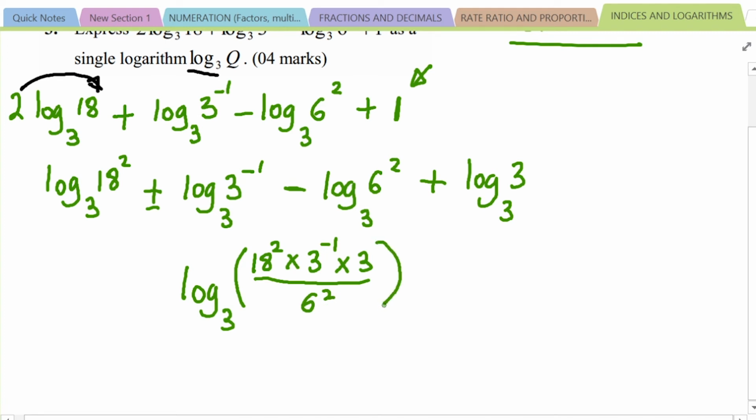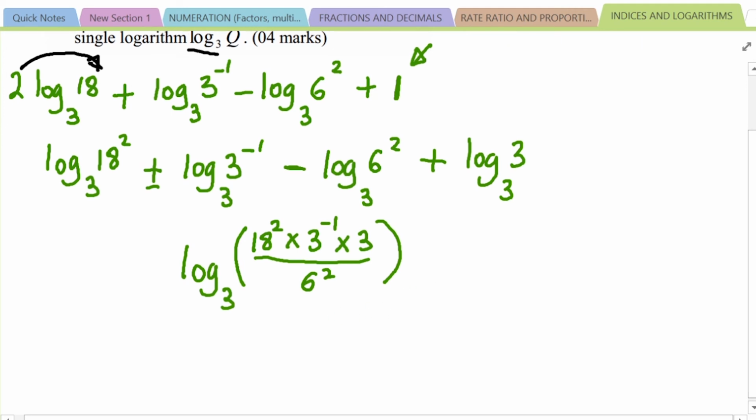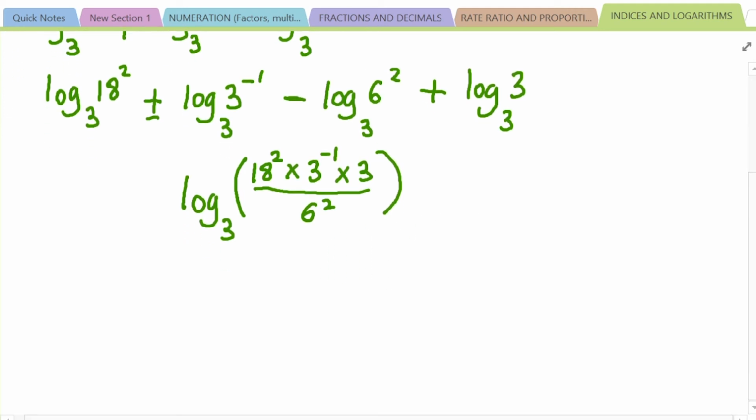And the rest is just arithmetic. We shall end up having log of whatever we get here as the answer to the base 3, and what we have there is 9.